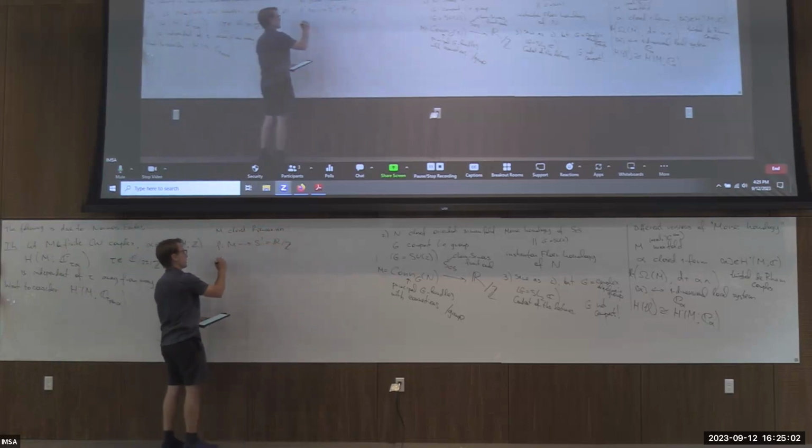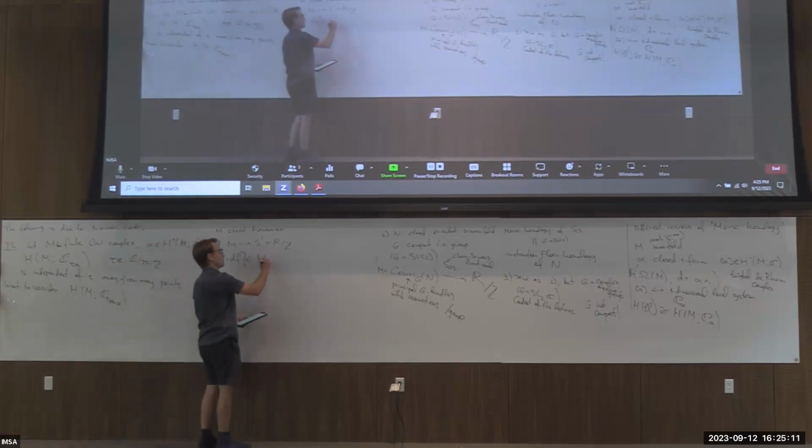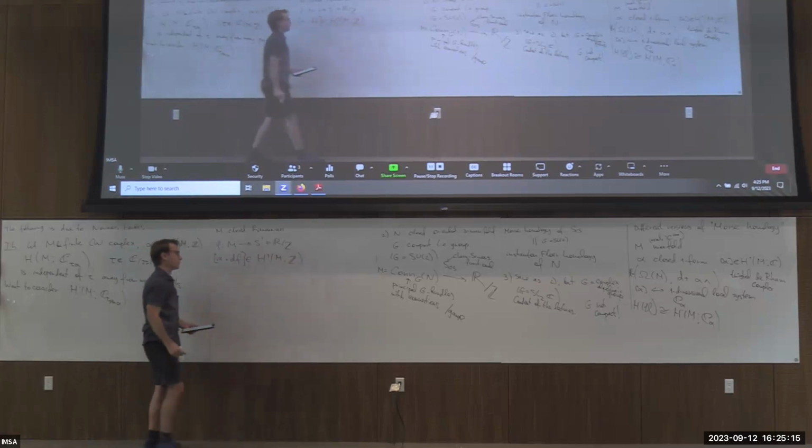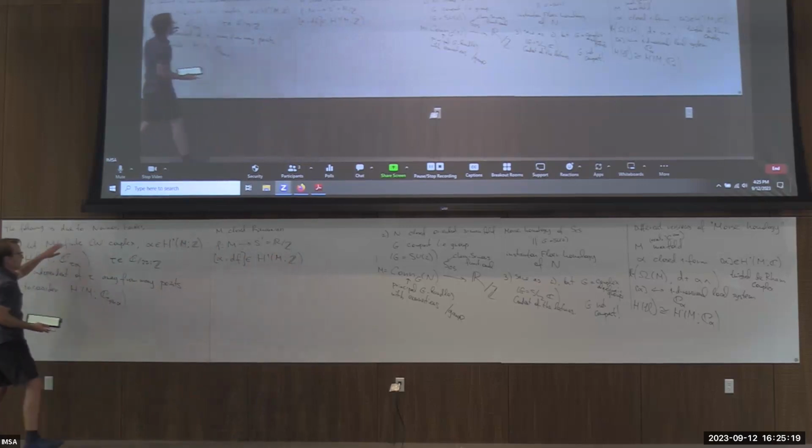So for instance, its differential will define a class in cohomology, something like this.